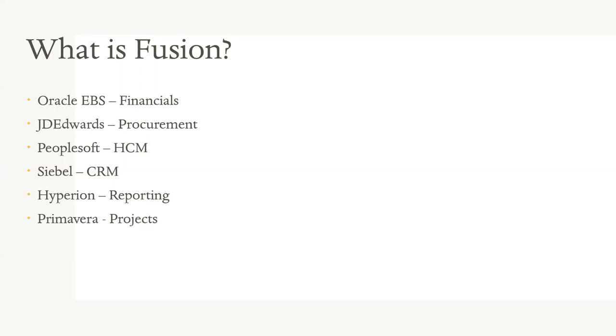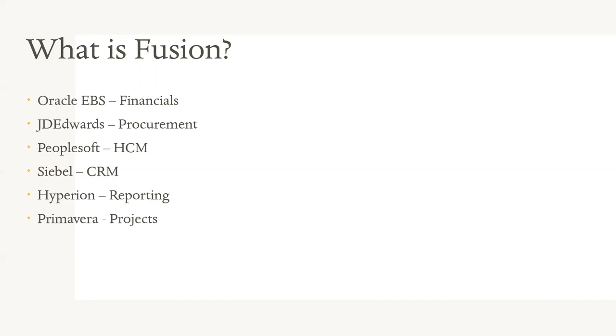Okay. And apart from that, we have the budgeting part. What we are going to see is only the EBS part of it or the Fusion part of it. And apart from that, especially for the cloud services, we have it. So that is a bit advanced version.